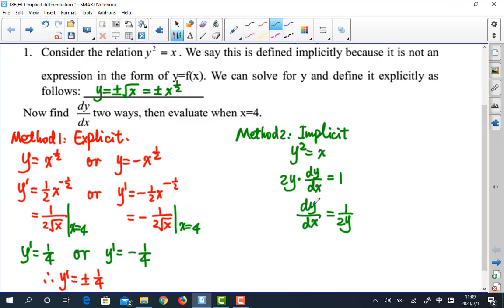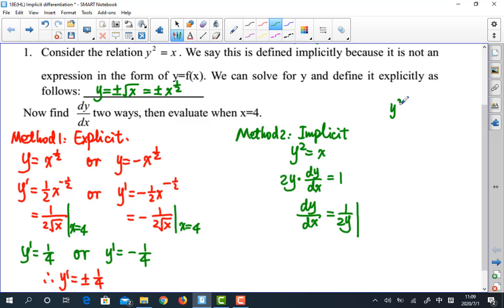Look at the implicit differentiation. This y prime or dy over dx can be expressed in terms of y. It's okay. Right now I need to find the particular gradient at x equals 4. But I don't have x here in the derivative expression. So I need to change this x equals 4 value to the y value.